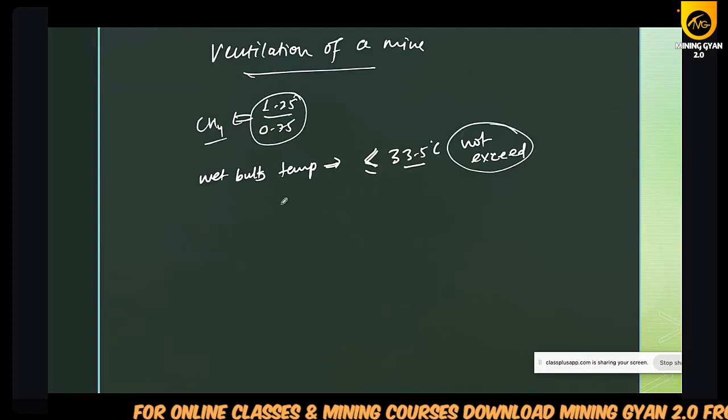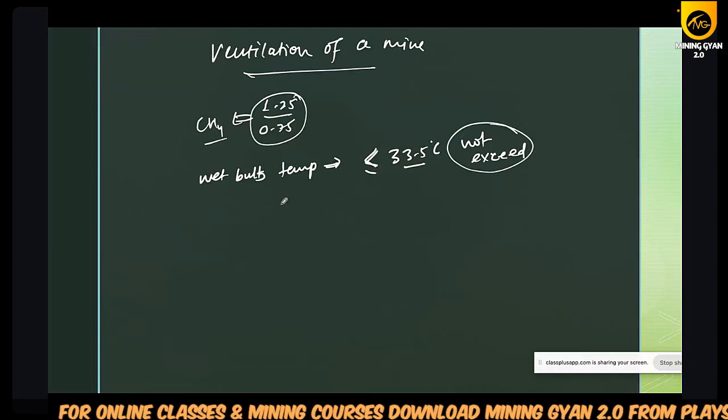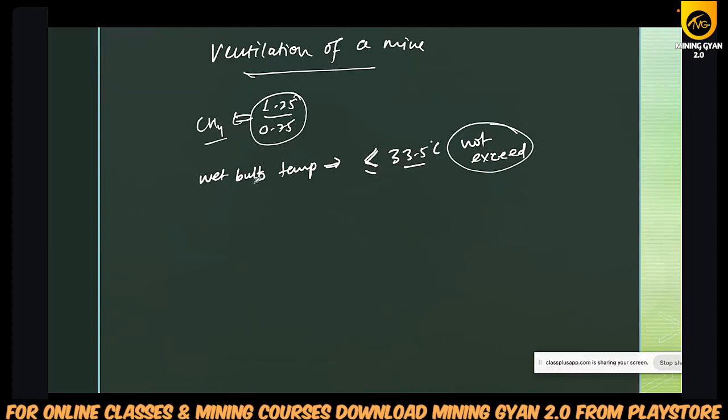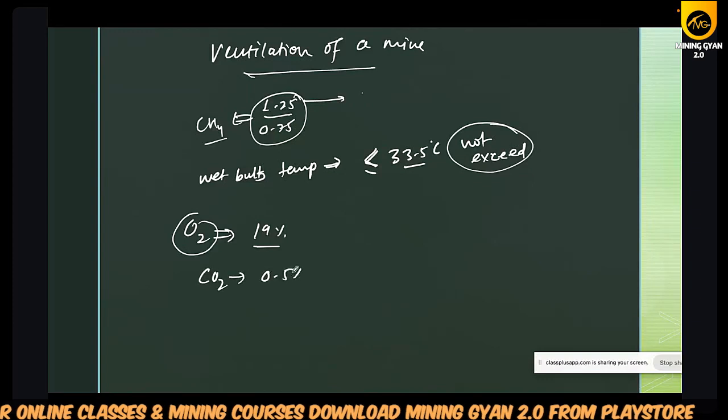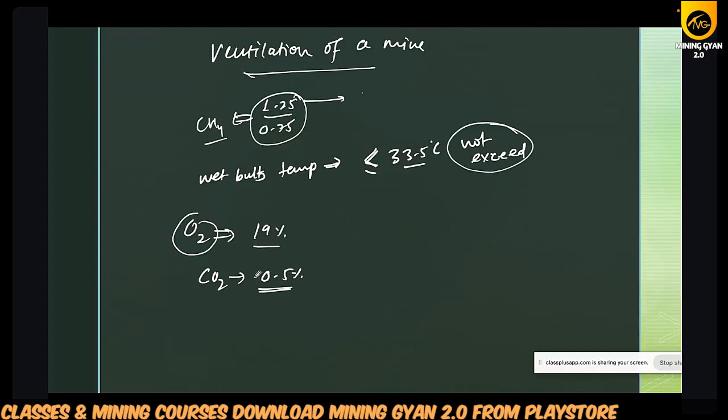Okay, it should not be more than 33.5. And oxygen percentage we have also seen, oxygen should not be less than 19% in our underground mines, and carbon dioxide percentage should not be more than 0.5%.